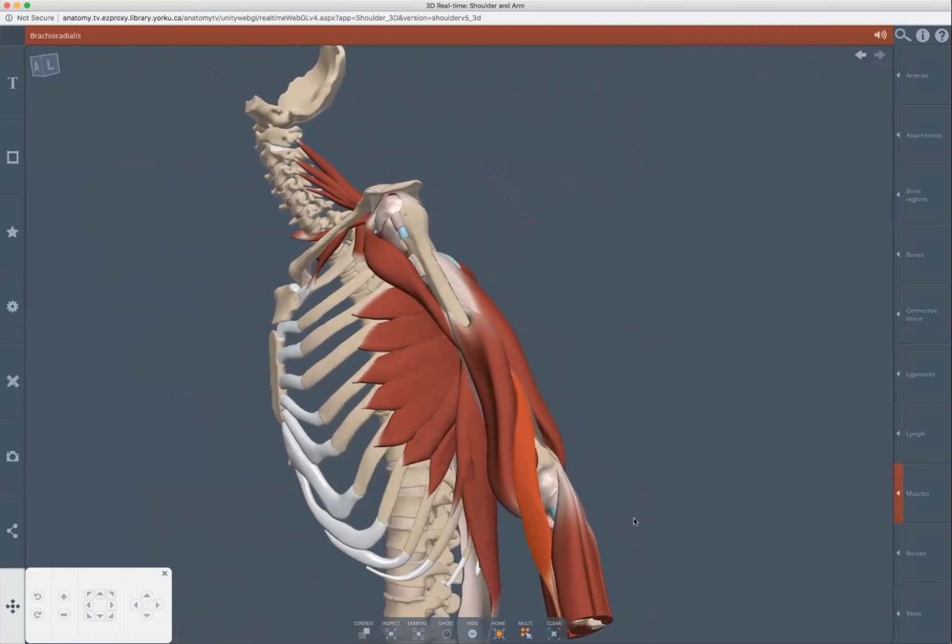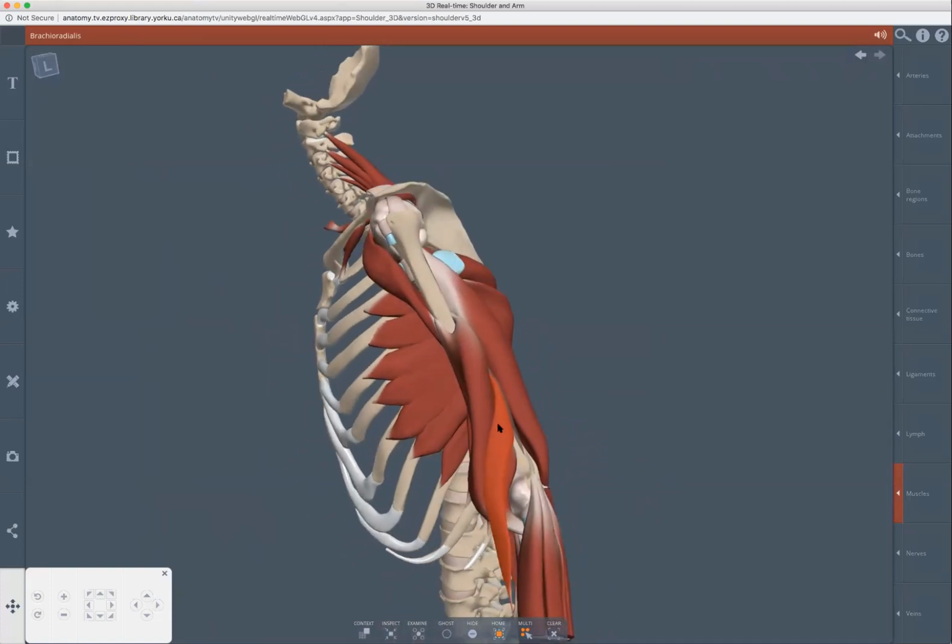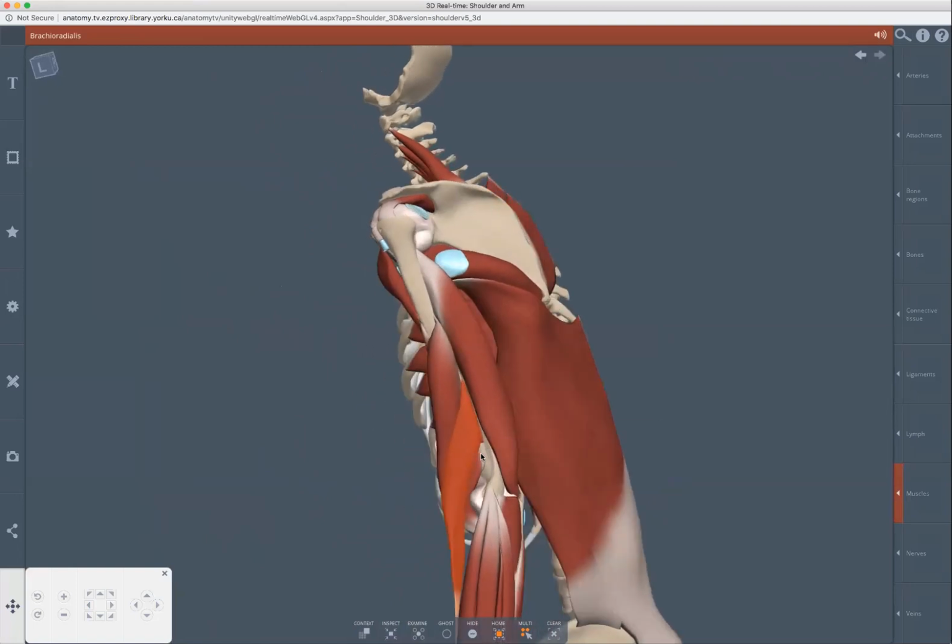We included it in this lab because it's very important in elbow flexion, just like brachialis and biceps brachii are. So we wanted to group those together, but brachioradialis does run all the way down the forearm, so we're going to have to switch screens to see it there. But it begins way up here on the humerus in what's called the supracondylar ridge.